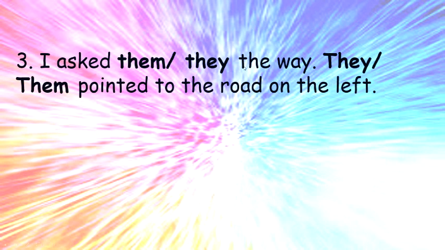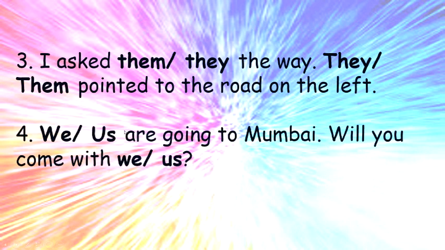Okay, let us see our number 4. We or us are going to Mumbai. Now here we or us, whatever option you choose, it is your first person personal pronoun at the subject place. Will you come with we or us?